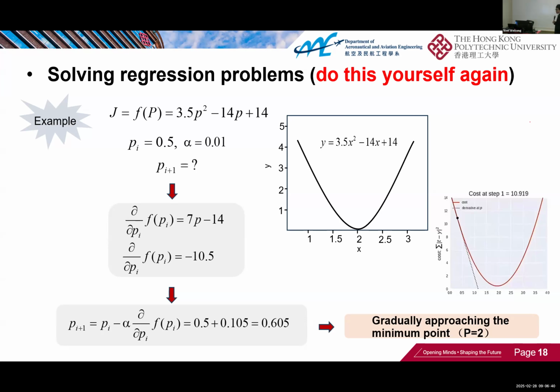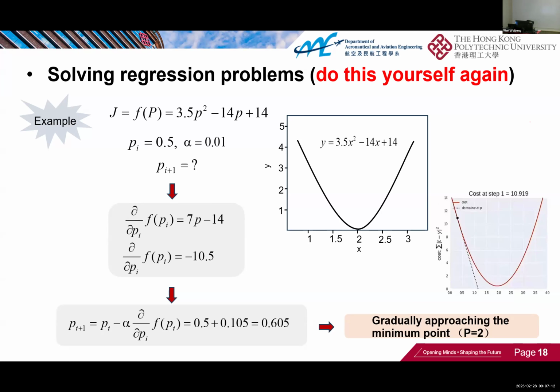At the beginning we have no knowledge about the best x, so we can set P to a random number, like 0 or 0.5. You can set alpha to a very small number, like 0.01. Generally alpha is set from 0 to 1.